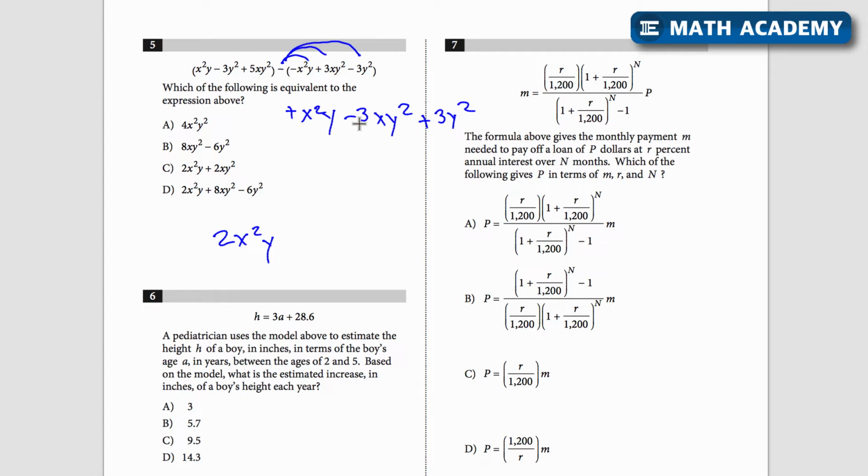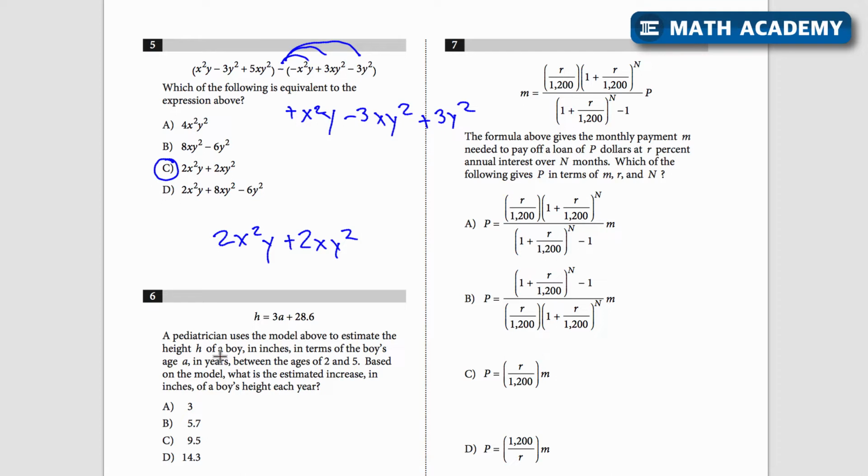So 5 of them minus 3 of them, that's going to end up with 2xy squareds. And then what's left over, the 3y squared, and I have negative 3y squareds. Those cancel out, so that's nice. So this is all I have. What matches this? Looks like 2x squared y plus 2xy squared. Yep, that matches here. So here's our answer.